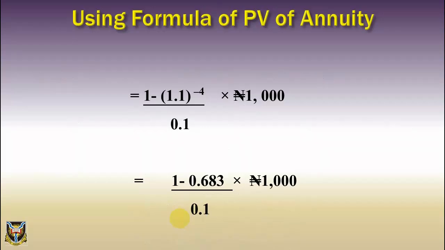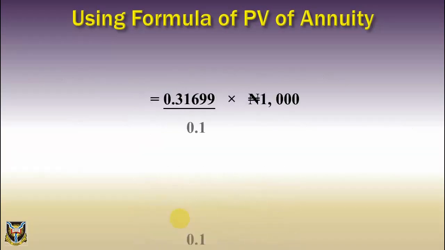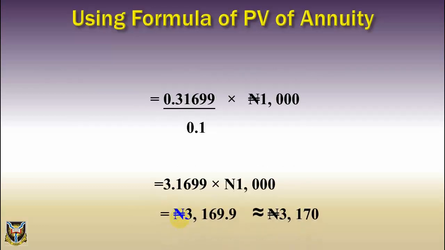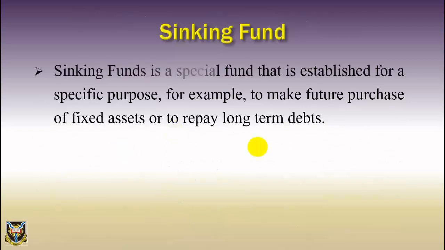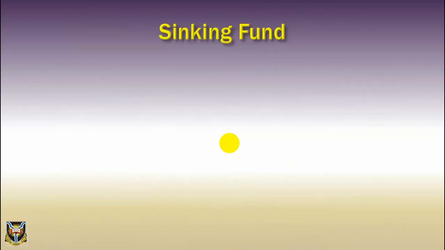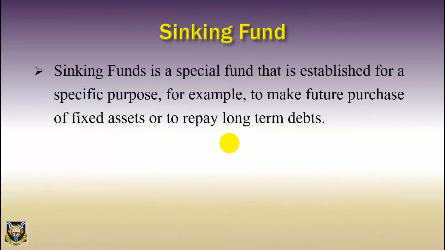N. Sinking fund. Sinking funds is a special fund that is established for a specific purpose, for example, to make future purchase of fixed assets or to repay long-term debts. It is a collection of cash or other marketable assets that is set apart from the firm's other assets and is used for a specified purpose.